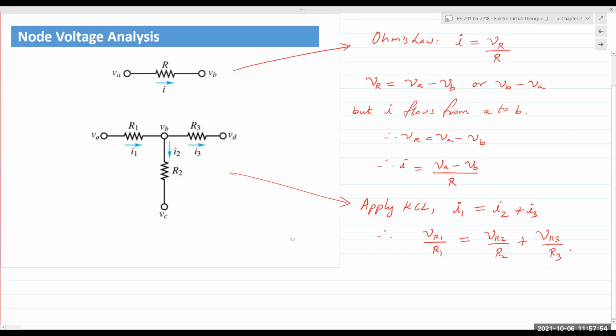And then I express each resistor voltage in terms of the node voltages for each individual resistor. And so I can write VR1 is equal to VA minus VB divided by R1, which is then equal to VR2, which is VB minus VC divided by R2, and VR3 is VB minus VD divided by R3.